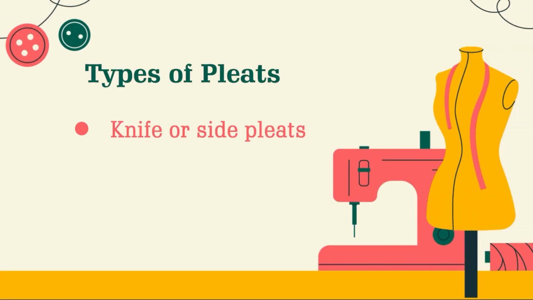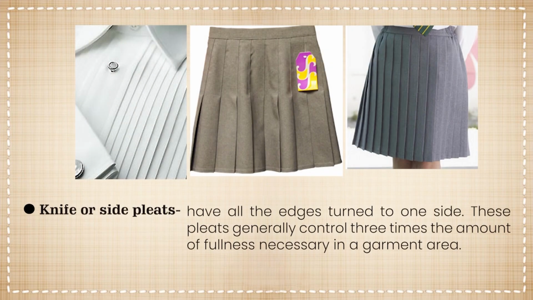Knife pleats. Knife pleats are also called side pleats, and they have all the edges turned on one side. These pleats generally control 3 times the amount of fullness necessary in a garment area. Knife pleats can be top stitched on the pleat edge for added crispness.